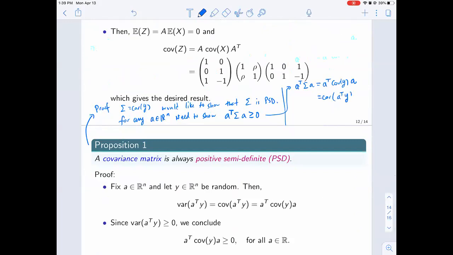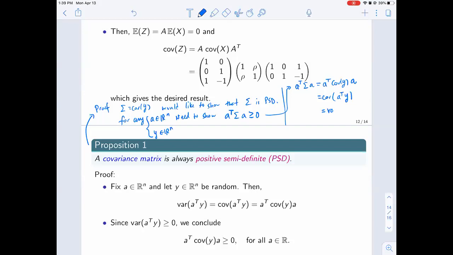So what is A transpose Y? What are the dimensions of A transpose Y? Y is in R^n as well. So the dimensions are 1 by n times n by 1, which is 1 by 1. So what would this quantity be? Does it have another name? The variance.